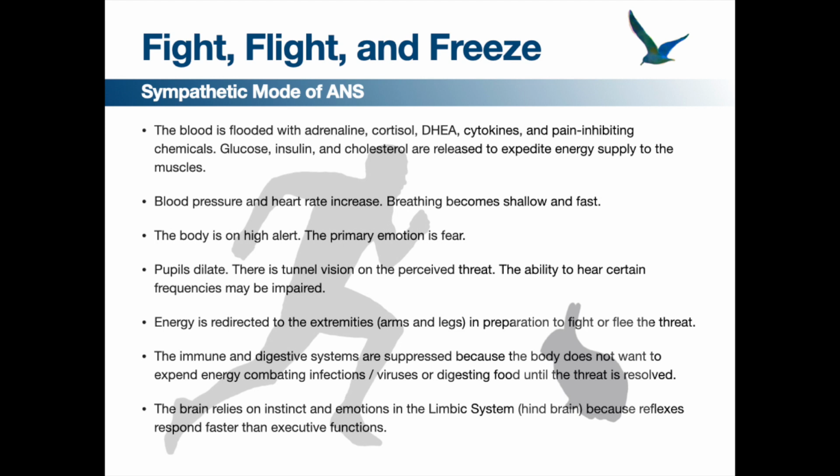We become so focused on the perceived threat that we may not be able to see or hear other things in our environment. All of our energy is going to our arms and our legs. And this means that things like our immune system and our digestive system are suppressed.